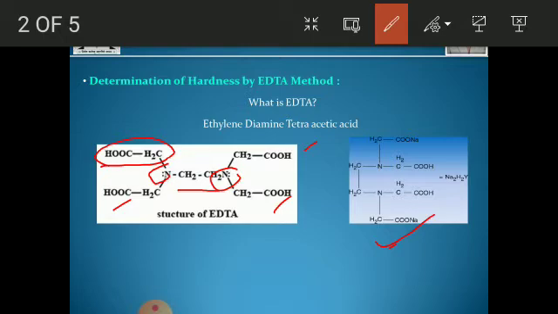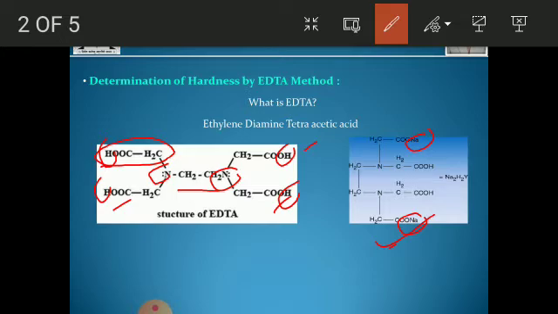So what is this disodium salt? In the tetraacetic acid molecule, there are 4 replaceable hydrogen atoms, one on each carboxylic acid group. Out of 4 hydrogens, 2 hydrogens are replaced by sodium and a salt of this acid is prepared.